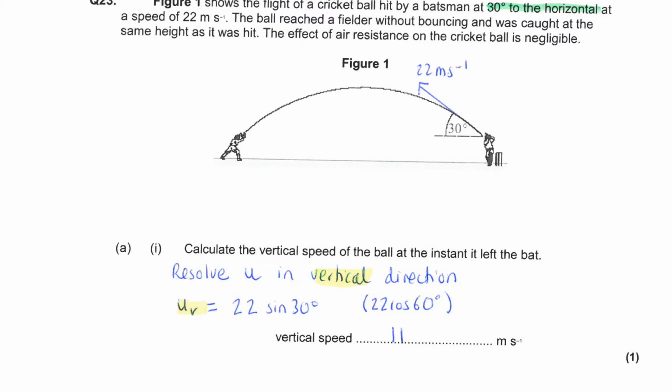Looking at the diagram, I can see that the vertical component is going to be 22 sine 30. You could express this as 22 cos 60 if you prefer. That leads us to an answer of 11 metres per second.